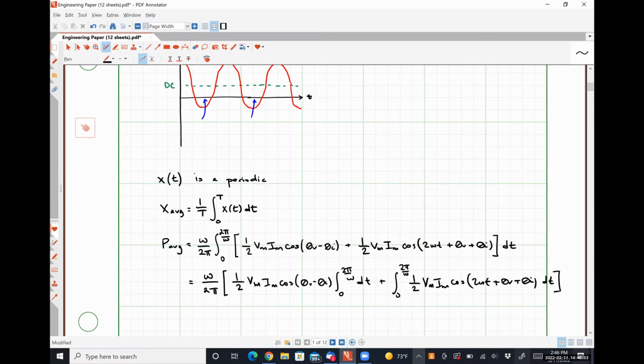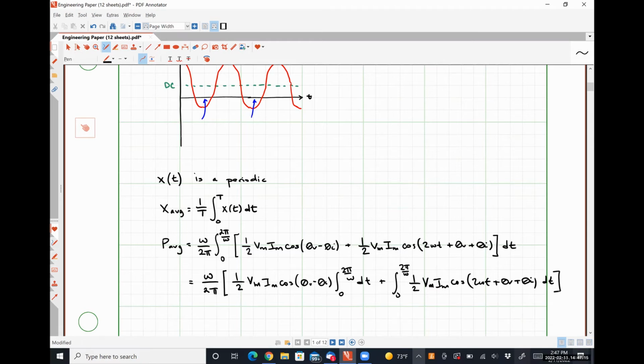Close my brackets off here. So what I've done here, I've taken my constant term out, and I've also split this up effectively into two integrals, so that I'm just integrating two functions and adding them together. Perfectly acceptable.